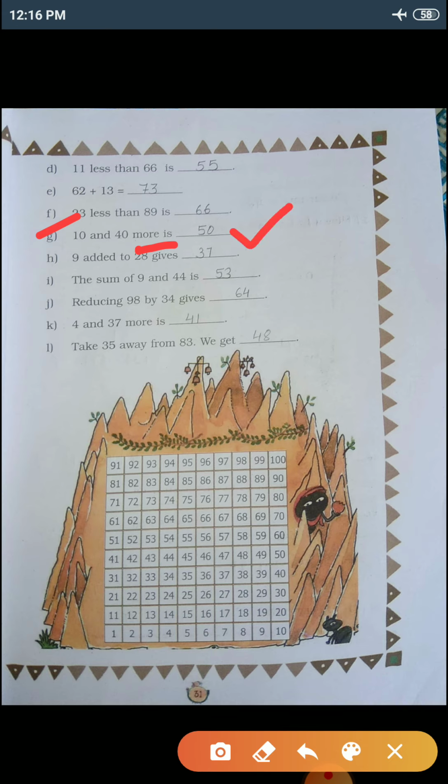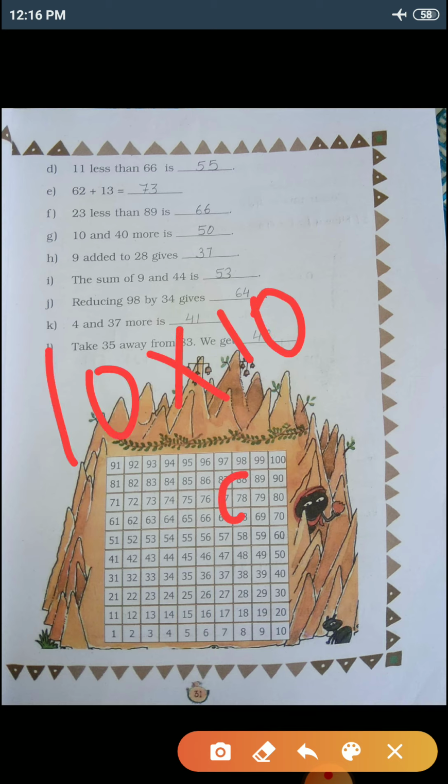So with the help of direct mental maths, we can conclude the answer. So students, in today's part, we learned how to calculate the sums by the 10 multiplied by 10 grid method.